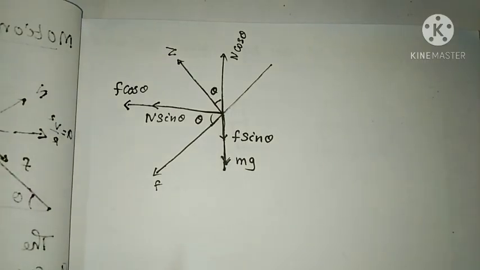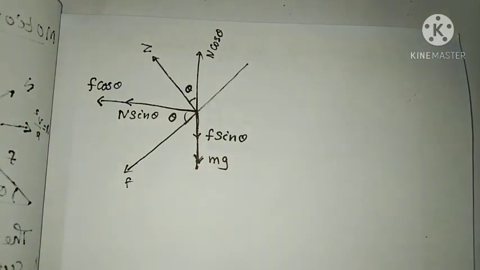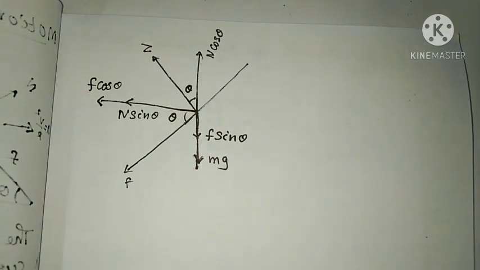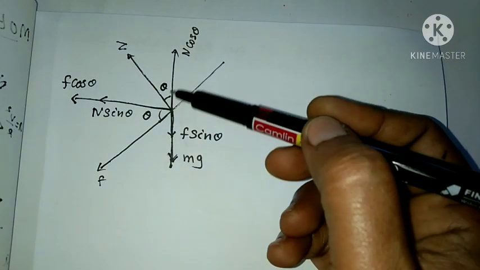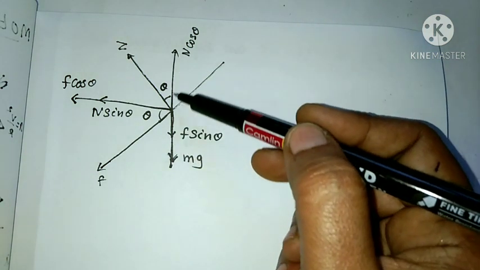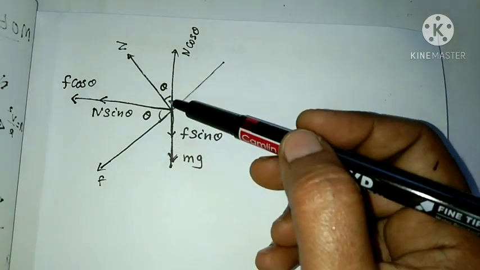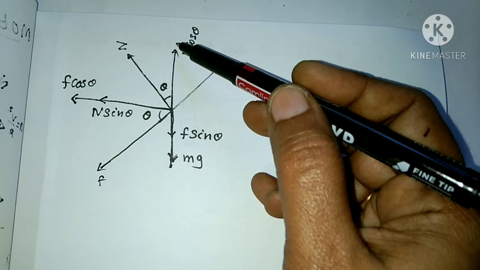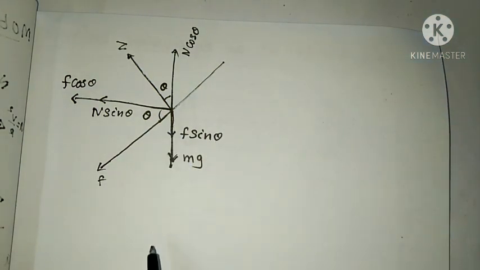Now we want to derive the maximum speed of the vehicle on the banked road, same as on the circular level road. What are the forces acting in the vertical direction? In the vertical direction there is no movement, so the net external force is 0. N cos theta acts in the upward direction, and F sin theta plus mg acts in the downward direction. On the circular level road we wrote N equal to mg.